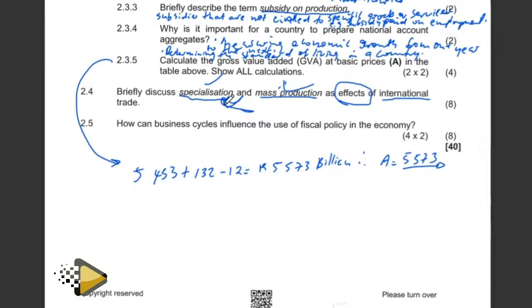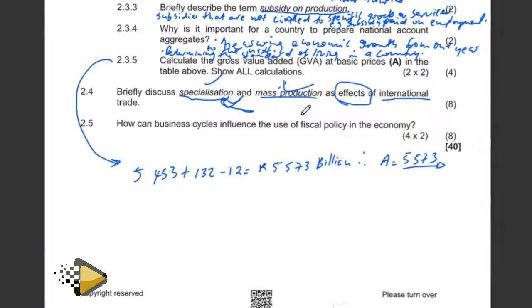Okay, right. So now let's check out the effect of mass production on international trade. If we have mass production in line with international trade, it means that the country is able to process goods and services in larger quantities. It means that it is going to sell to other countries.